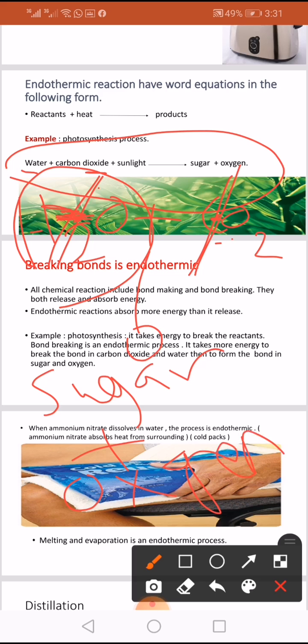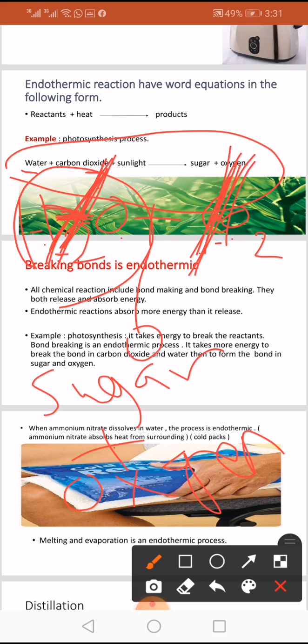So in an endothermic reaction we need heat, energy, or in the example of photosynthesis we need the sunlight to break the reactants, to break the bonds like this between hydrogen and oxygen, and between carbon and oxygen, to form what?